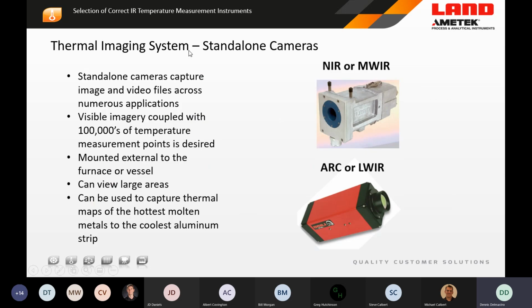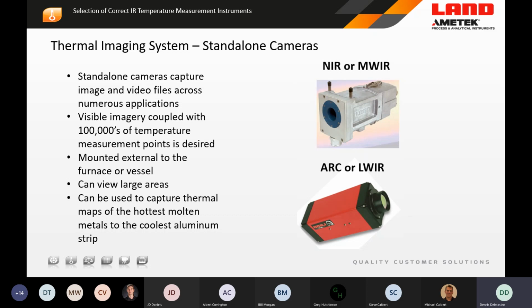Now, thermal imaging systems can be standalone cameras. They capture images and video files across numerous applications where visible imagery coupled with hundreds of thousands of temperature measurements are desired. That's why you use these. They can be mounted external to furnaces or vessels.